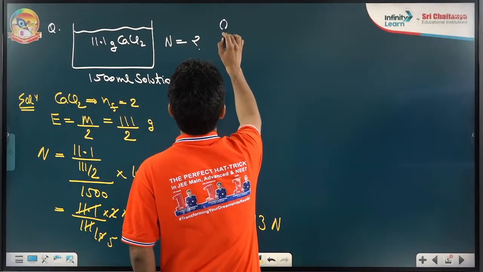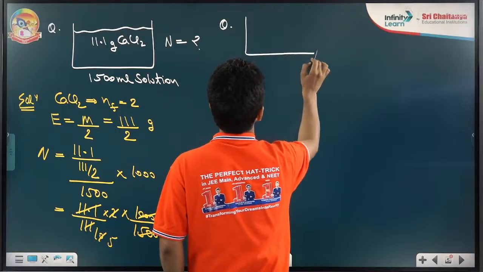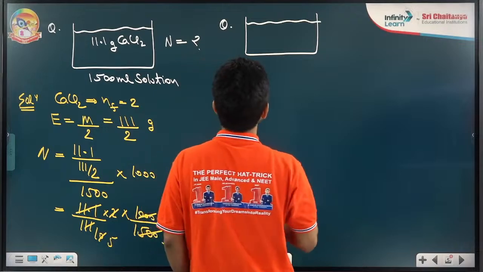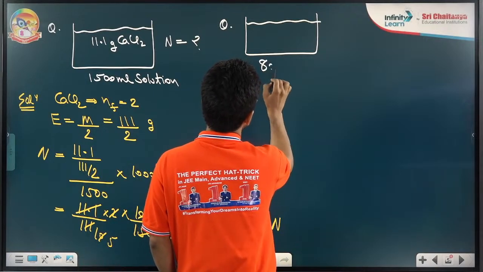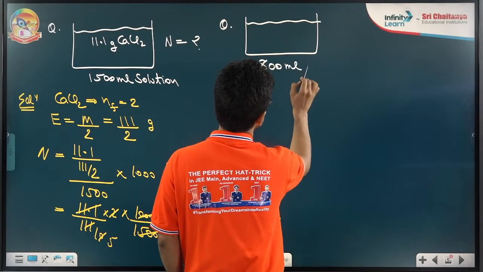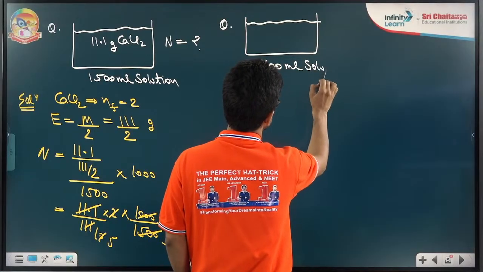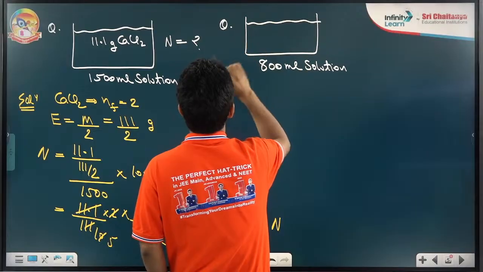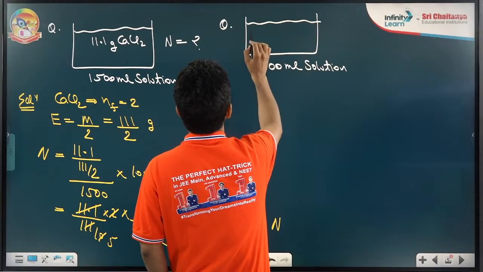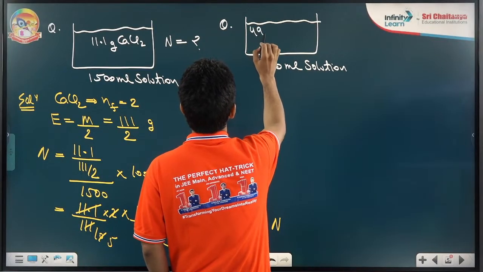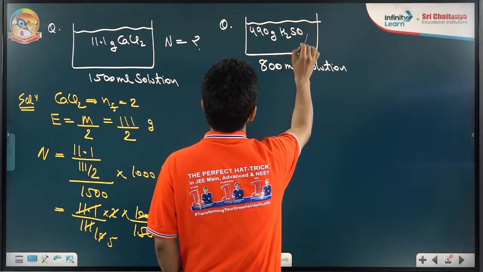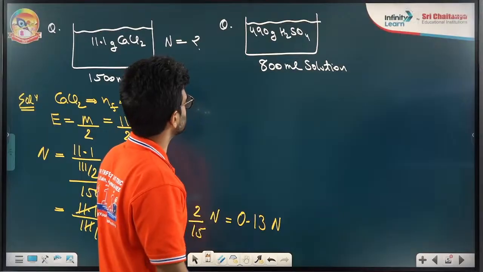The next one, same type of question I am giving here. It is 800 ml of solution, and in this we are having 490 gram of sulfuric acid.